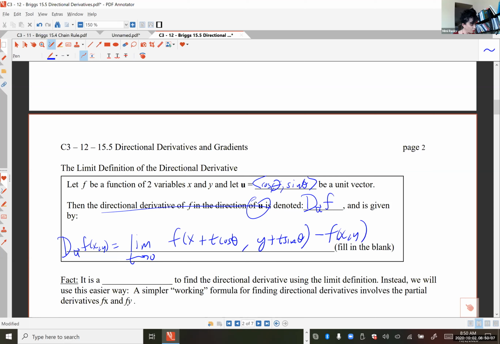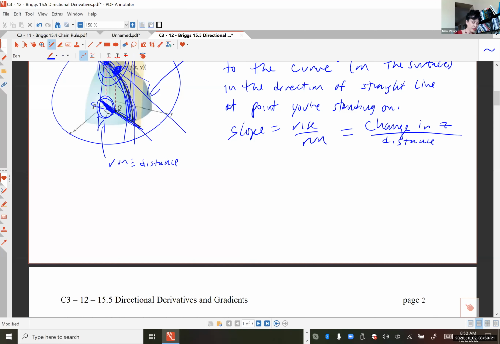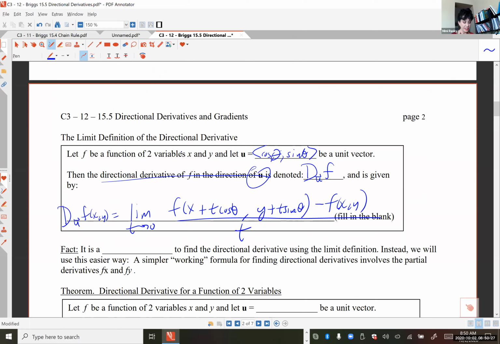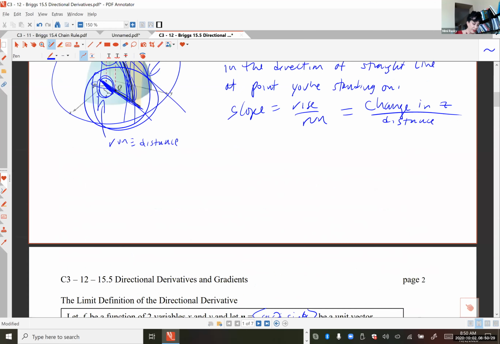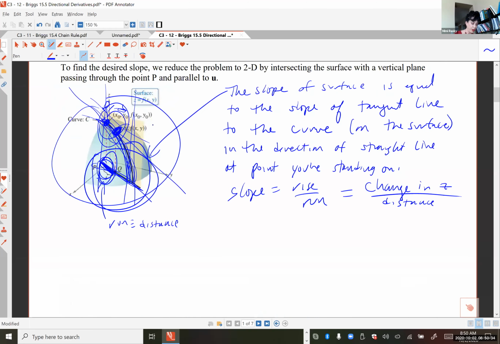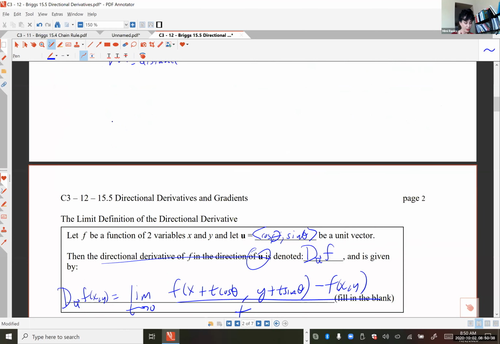It's a difference quotient, just like all of these derivatives are, over t. And t is basically going to be the parameter that's involved to parameterize your line there in the xy plane, if you guys know how to parameterize lines in 2D or 3D. So that's the parameter. And so as t goes to 0 down here in the xy plane, Q gets really close to P, and then this point here gets really close to the point you're standing on. So it all squeezes down and you get your slope.